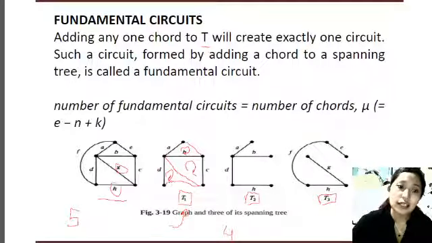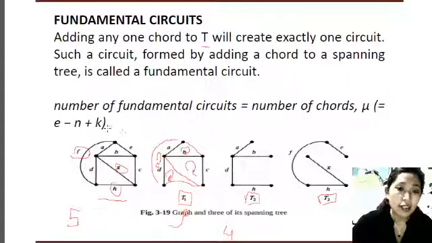There is one more edge, that is F. If you bring it from here and add it here, then you will get one more cycle. So on addition of each chord you get one cycle or one circuit in your given graph.